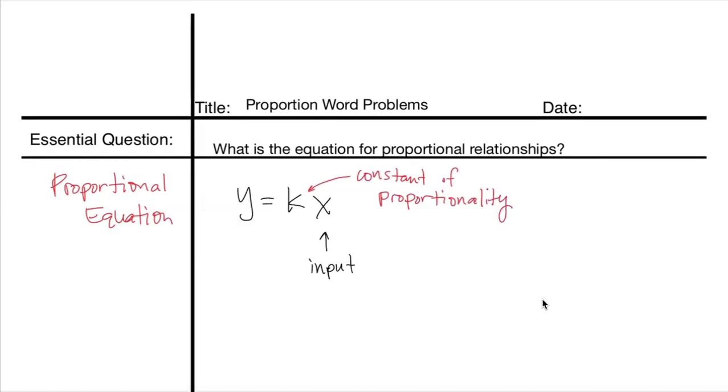Go and write that down. That's the rate at which it's changing. It's that constant number that they're going by. If a loaf of bread is $3, every time you add a loaf of bread to your list, it's another $3, another $3. And y is going to be your output, how much comes out.